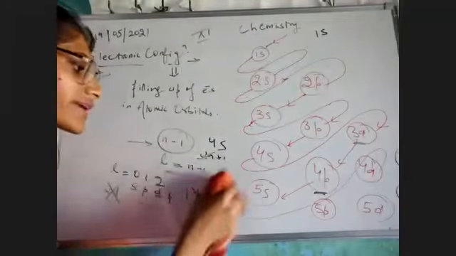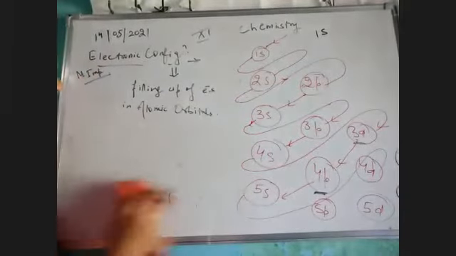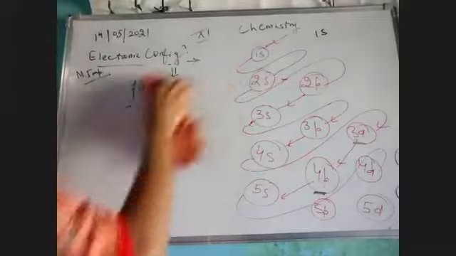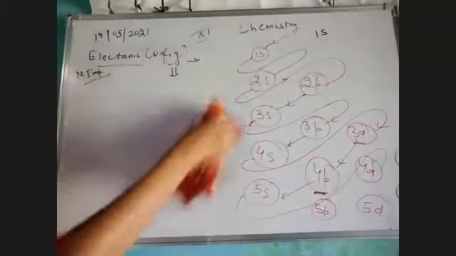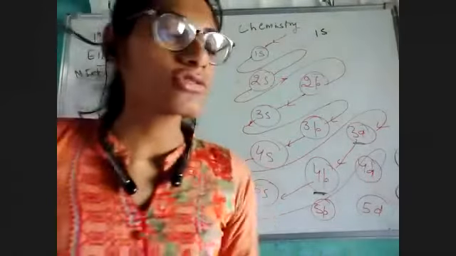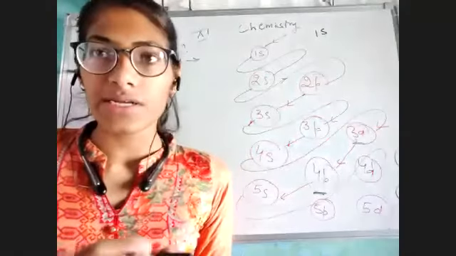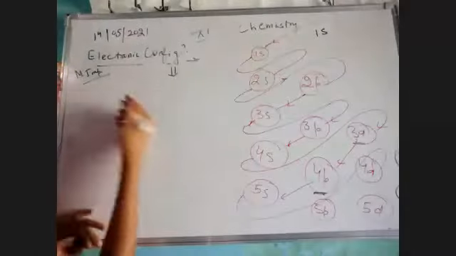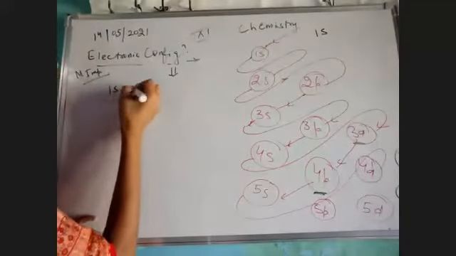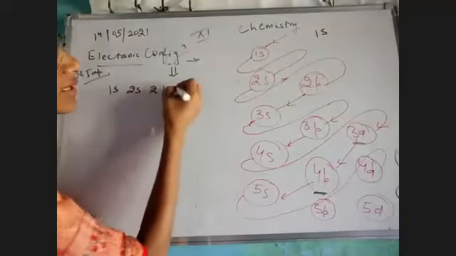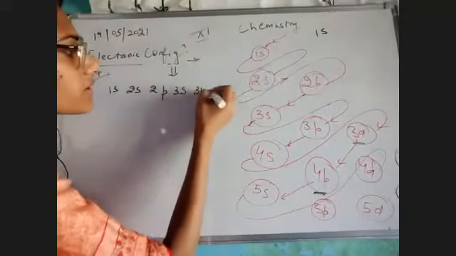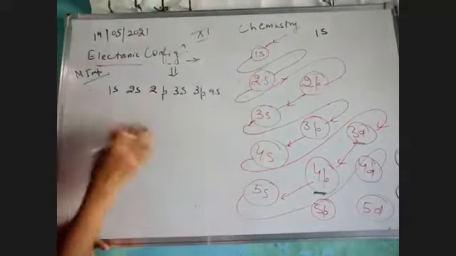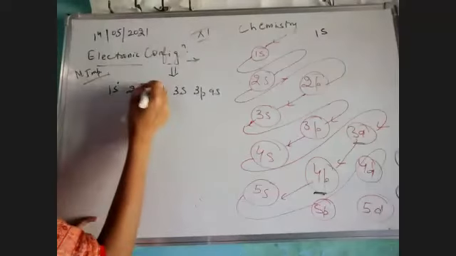Electronic configuration is just the filling of our electrons in increasing order of atomic orbitals. It has two representations. The first one is this: 1s, 2s, 2p, 3s, 3p, 4s, and so on. We will keep filling the electrons in this order.